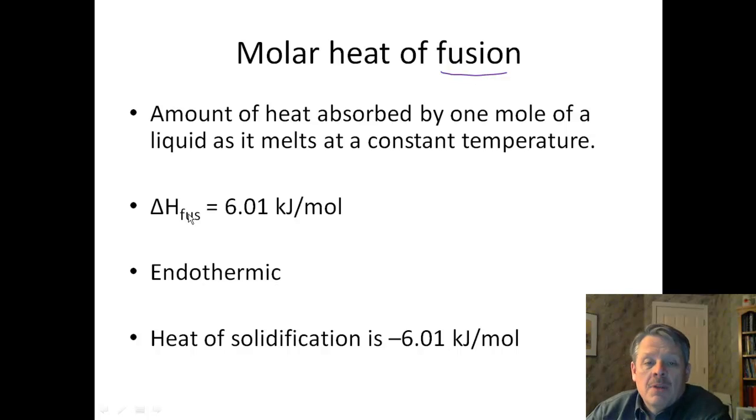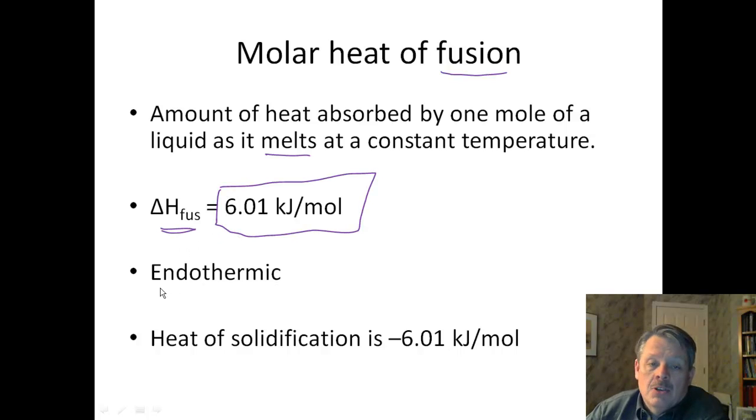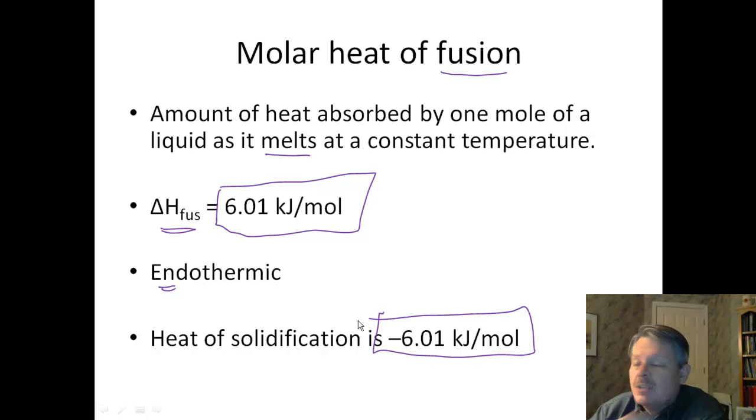But for whatever reason, they call it heat of fusion, meaning that it is melting. I would have called it heat of melting. And it's 6.01 kilojoules per mole. It is also endothermic. We're melting ice, so it is absorbing energy out of the environment. The heat of solidification, on the other hand, is going to be negative because it's exothermic. It's giving off heat.